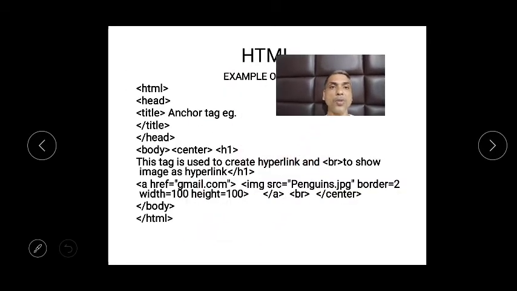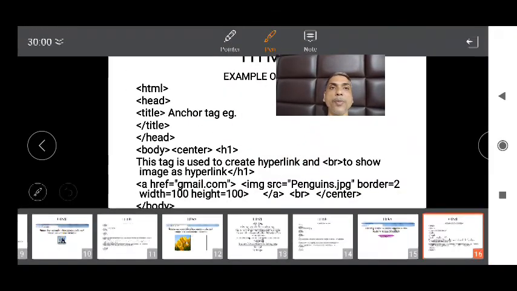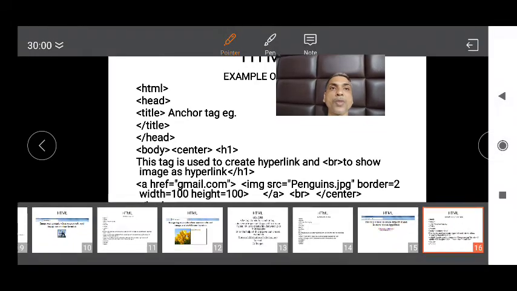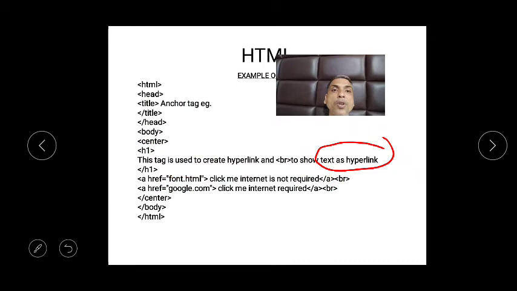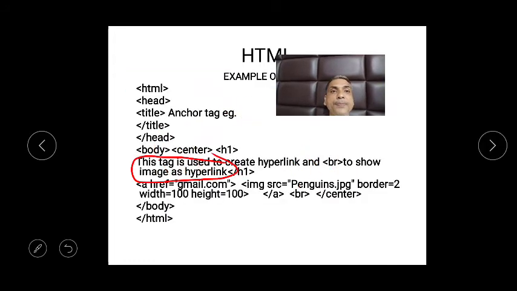Now this is almost the same program, but here we have used, very important thing, image as hyperlink. Here we have not used any images, here we have used text. Remember that after href we usually write the URL, that is uniform resource locator, or the address where you want to jump or link to.